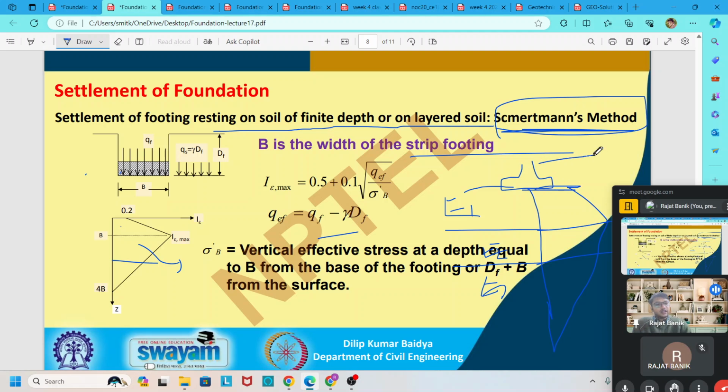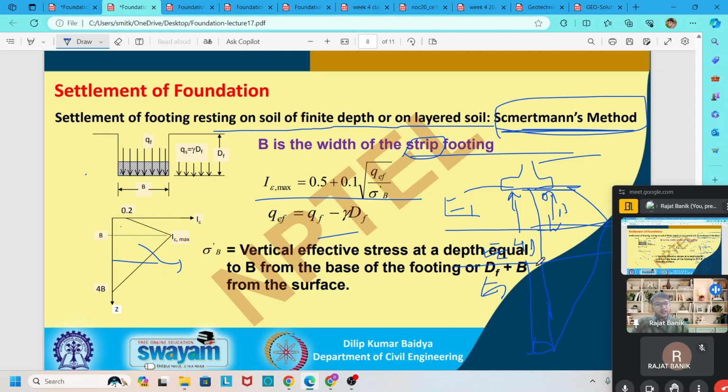So this triangle has influence factor 0 here and 0.1 here, and the height of this shape is about 4b, and the maximum we get at b for stiff footing. You remember it is for stiff footing, and to find this maximum we use this influence factor formula.